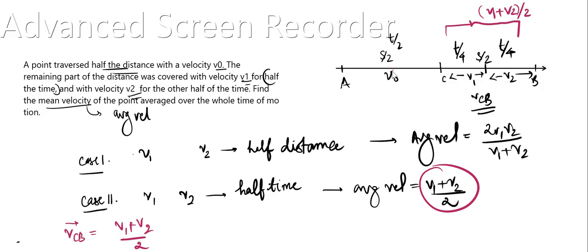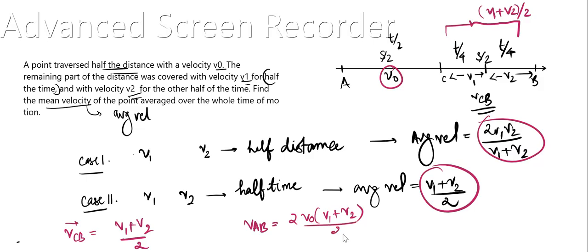And now, since we have v0 and this value, we find the average velocity asked in the question, that is vAB. Since it is of half the distance, we have to use this formula, that is 2 into v0 into (v1 plus v2) divided by 2, divided by v0 plus (v1 plus v2) divided by 2.